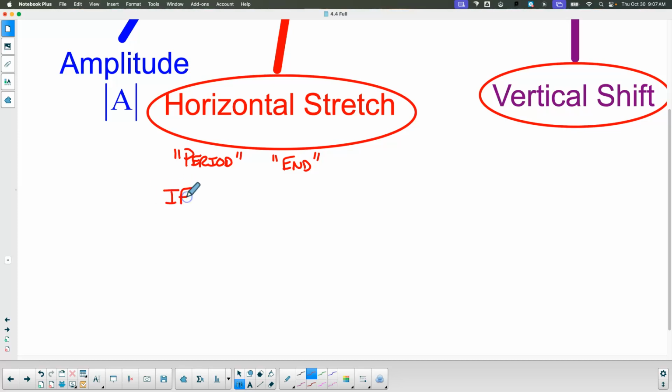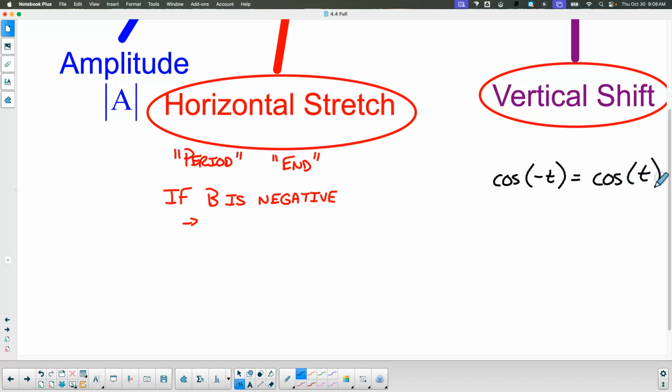If B is negative, from our obviosities last unit, we learned that the cosine of negative t was equal to the cosine of t. That was an obviosity that you learned. If you go in the negative direction, your cosine value doesn't change because that's along the horizontal.